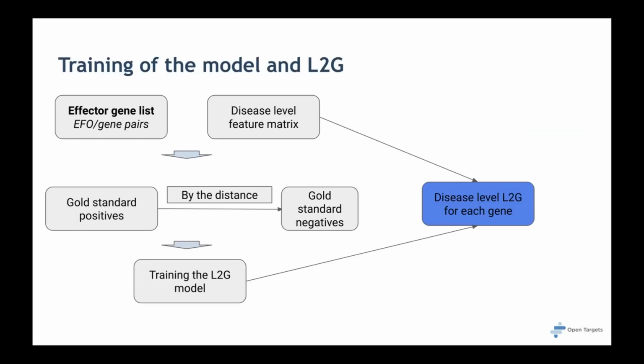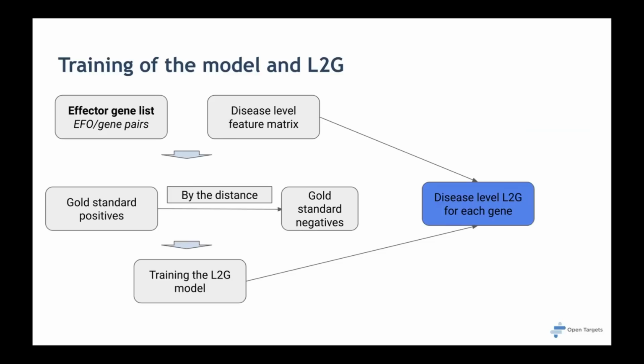Then using the distance rule, we can select other genes in the region and consider them as not associated with the disease, and we will call them gold standard negatives. So now you have a numeric feature matrix and a binary vector of zeros and ones that represents whether it's a gold standard positive or negative, and you can apply any machine learning approach you want.